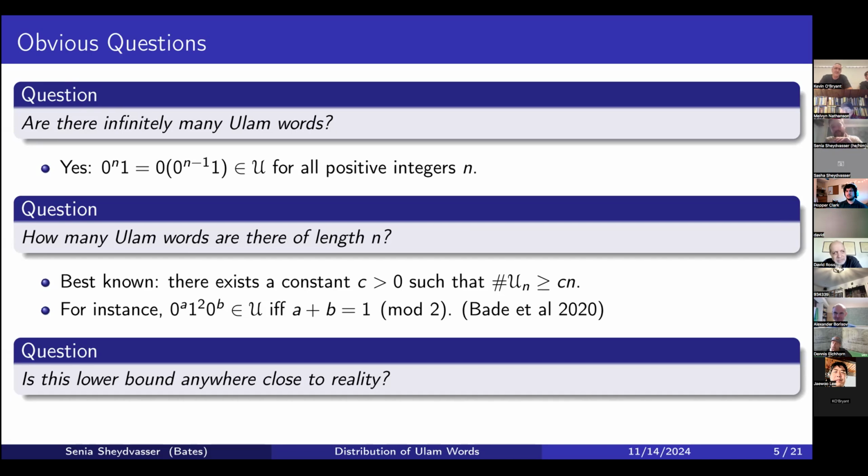The algorithm for computing Ulam words is very simple because you take your candidate word and then you look at all ways to split it up as a product of two words, right? And then you check whether these subwords are Ulam. And if they are, you increment. If it ever goes beyond one, you know that it's not Ulam. If it stays at 0, then it's not Ulam. Exactly one, then it is, and you add it to your list.